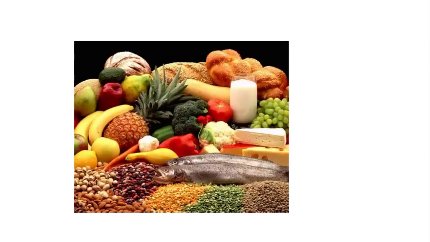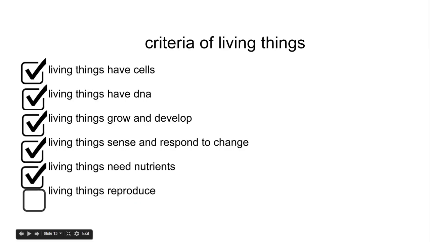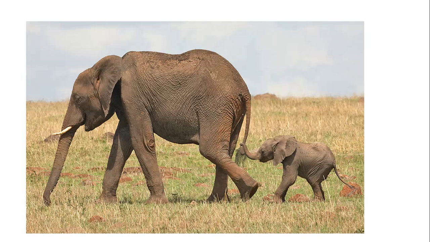Here we have some sorted foods. These have the nutrients we need to grow and develop. Thus, we use them and we check off the criteria of living things. And so do elephants.